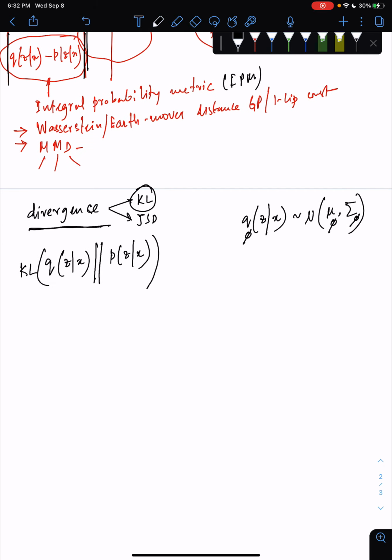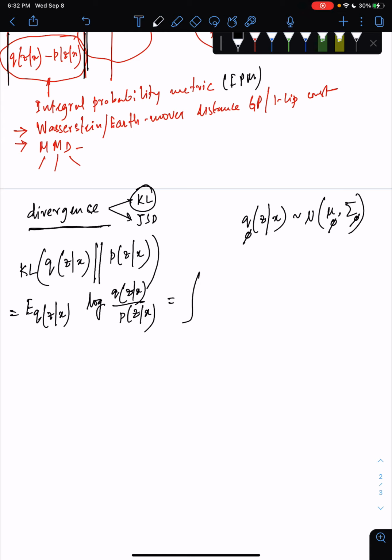But let's do a bit of algebra. So what is this KL? This KL is an expectation term, a log term and a division term. I'm doing this in terms of integration, in terms of PDFs. You can also replace this integration with a summation and take this as a PMF, and do the same stuff.